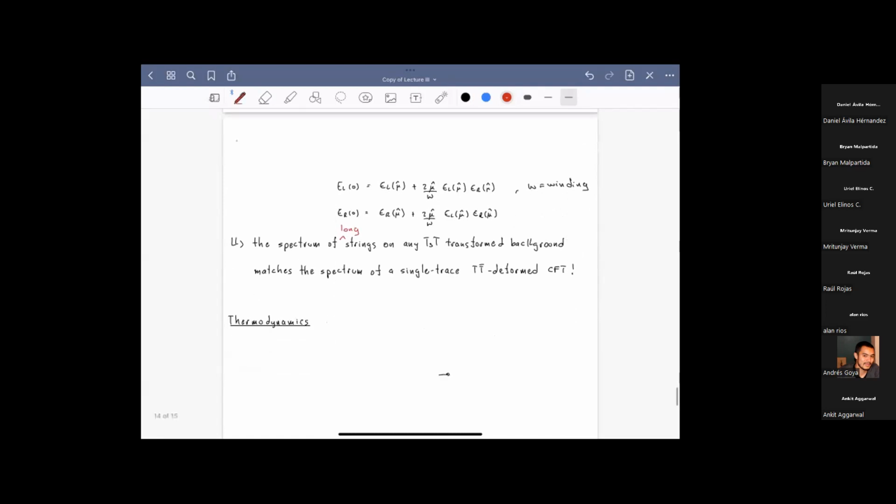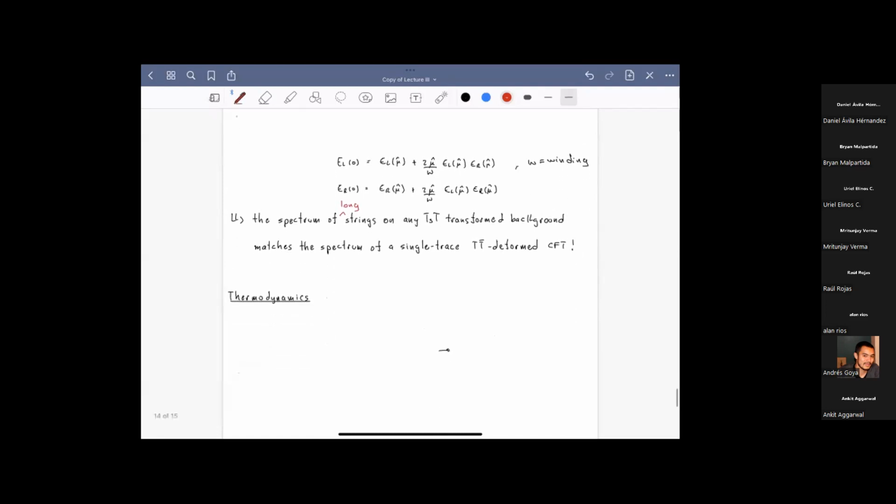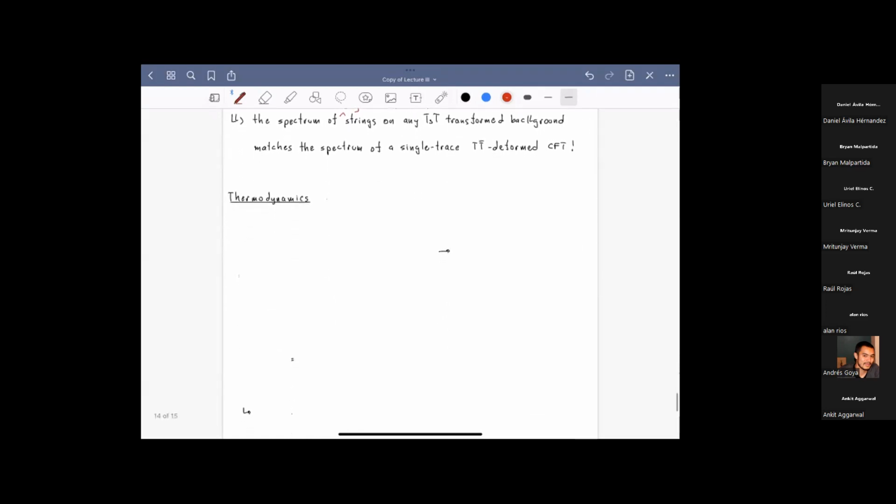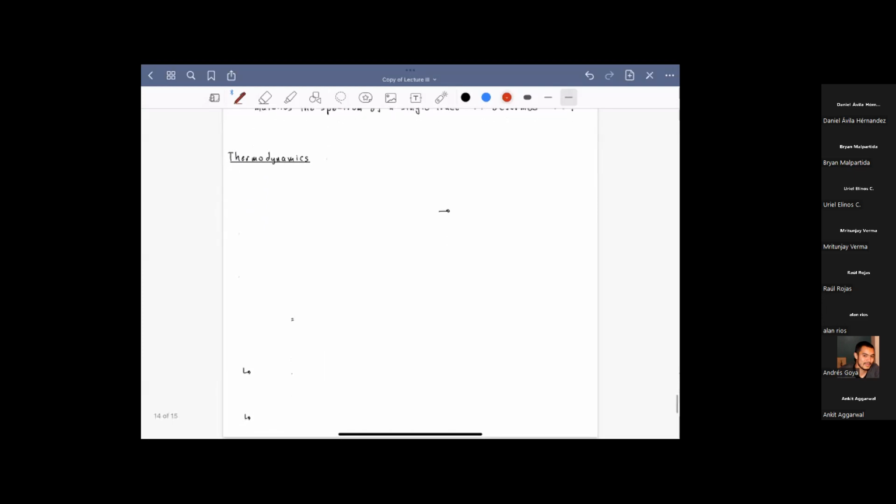Okay. What else can we do to seek evidence for the correspondence? We can look at the thermodynamics. So I'm going to do this rather quickly. The TsT backgrounds that I described have a horizon, and the location of this horizon is the same as before the deformation.